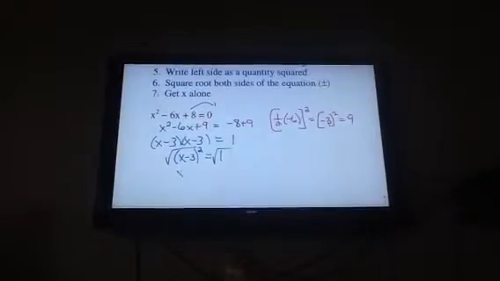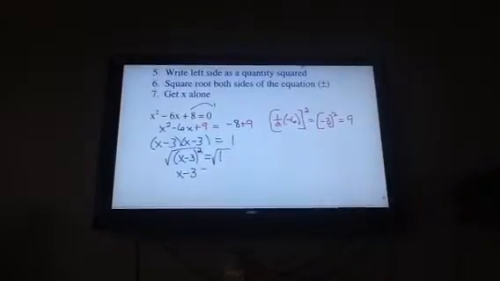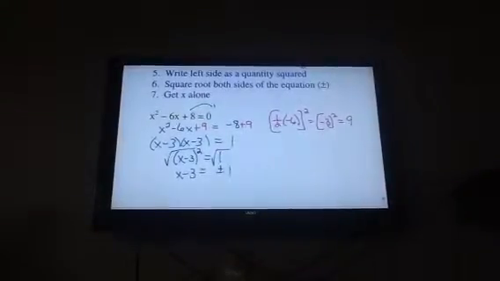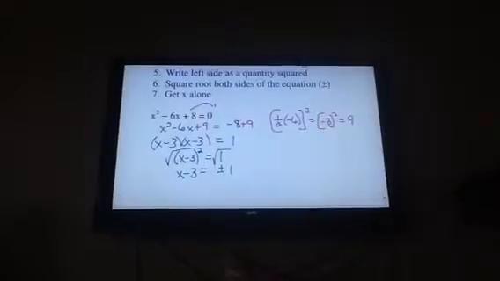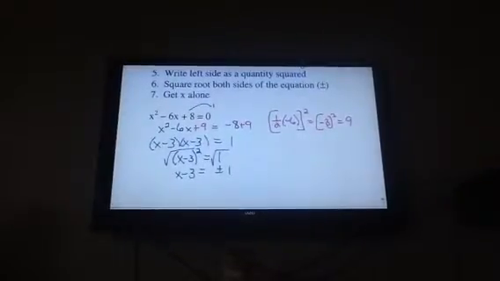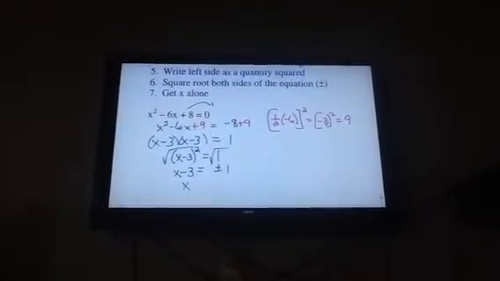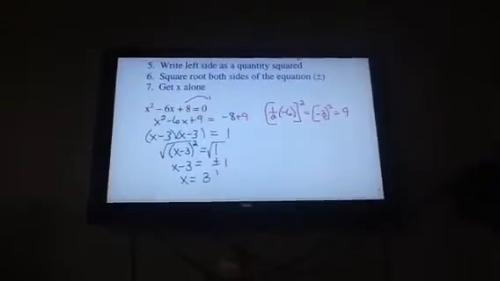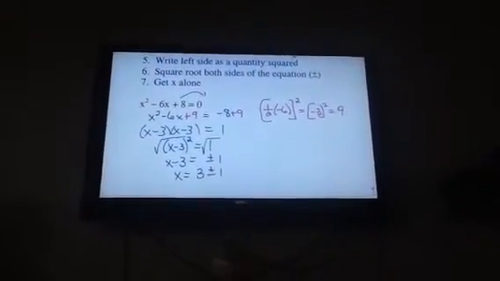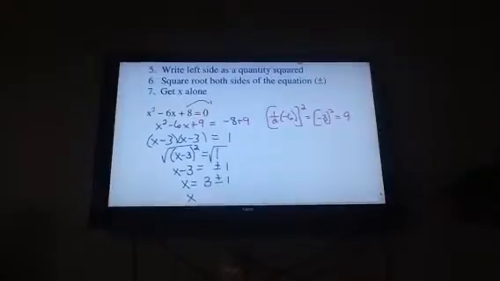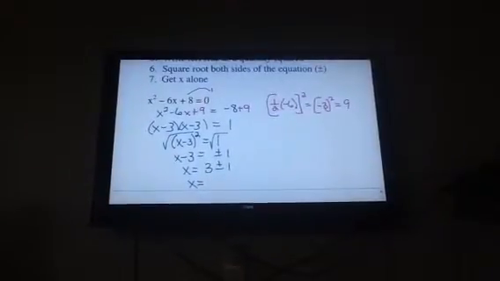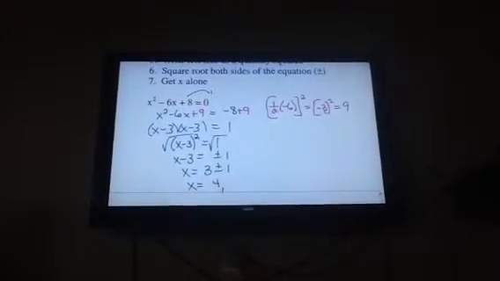So x minus 3 equals plus minus 1. Get x alone by adding 3 to both sides. So 3 plus minus 1. And then that can go further because we don't have a radical. So 3 plus 1 is 4, 3 minus 1 is 2.